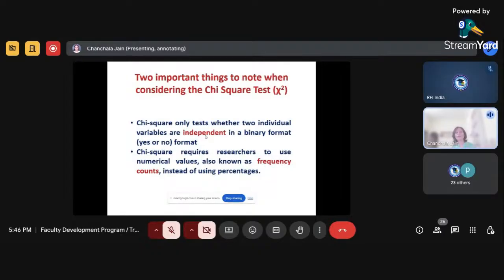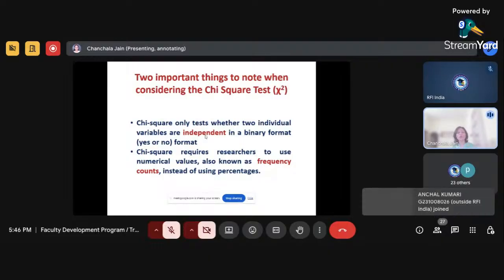But suppose you have two variables available and the format of those variables is binary, that is dichotomous, that means you have only two categories: yes, no, right, wrong, correct, incorrect, male, female. In that case, you can generally go for the chi-square test. Both the variables should be of the same nature here.